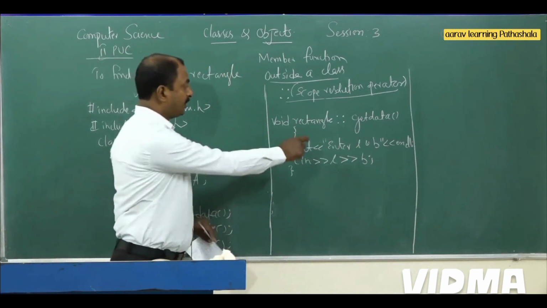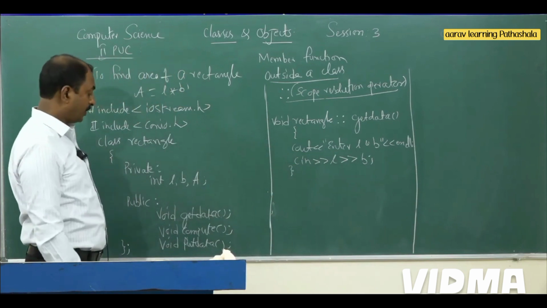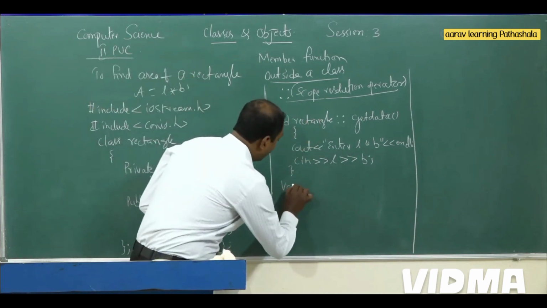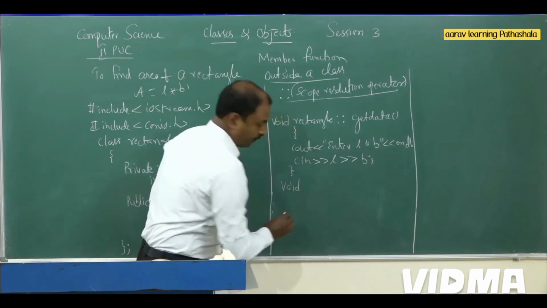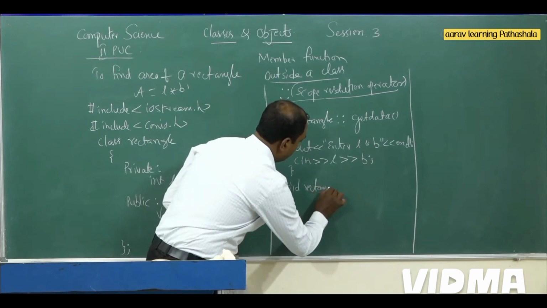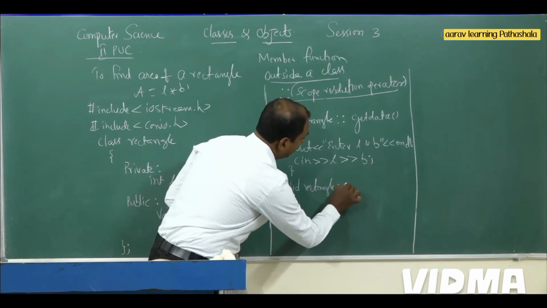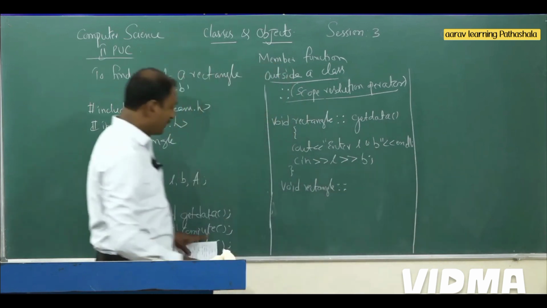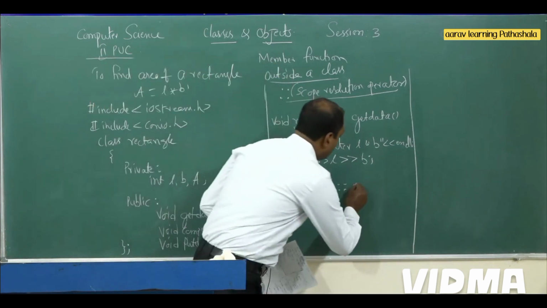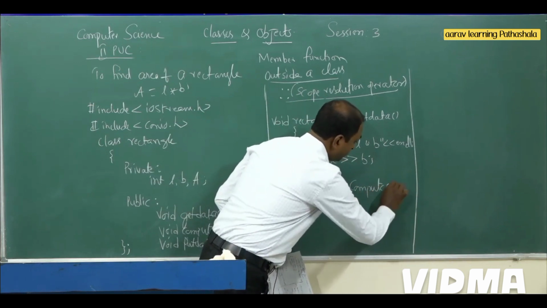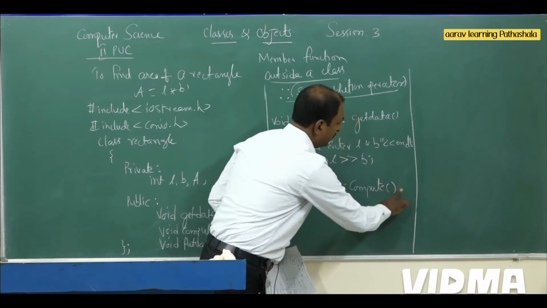After this, now we'll write the definition of one more function, that is compute. Void rectangle, the name of the class, and this operator. And here I am writing the next function, compute.